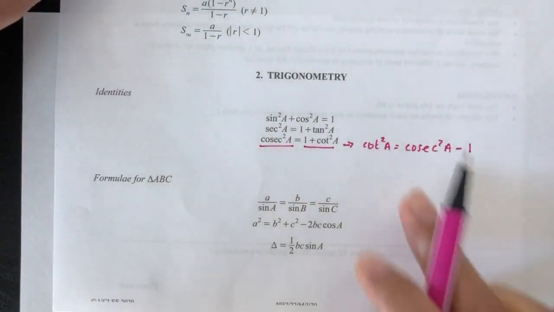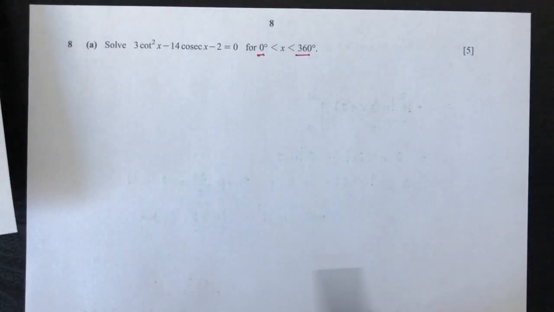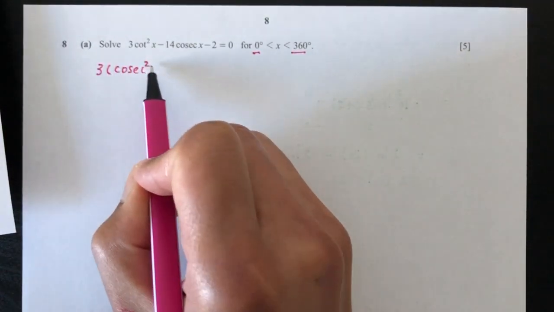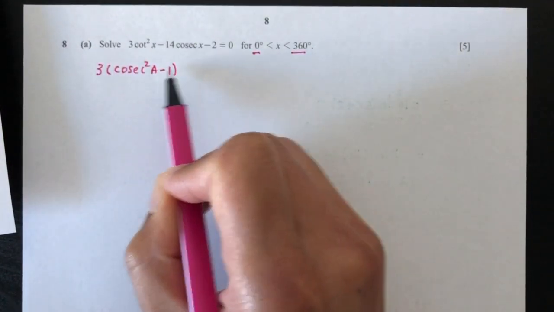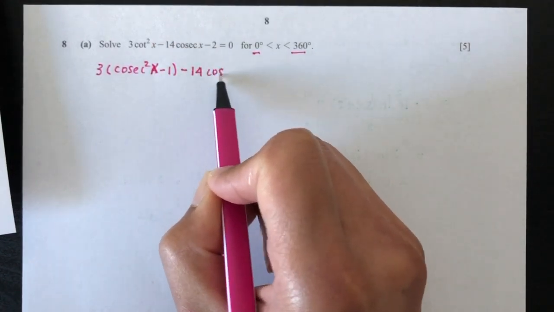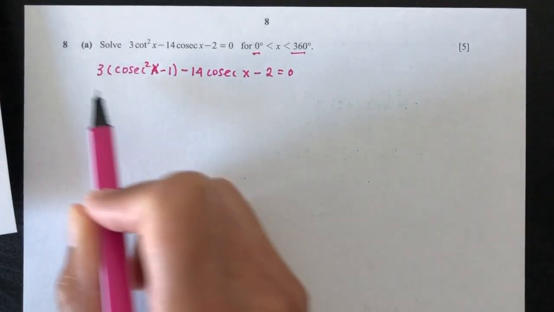So we can replace cot by cosec in this equation. Let's do that. So 3 times cosec square x minus 1 minus 14 cosec x minus 2 equal to 0. Now let's expand.